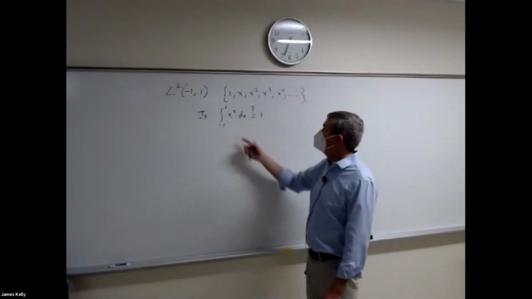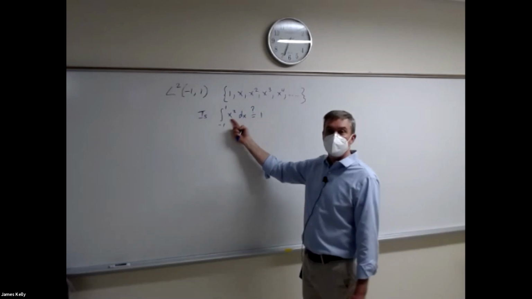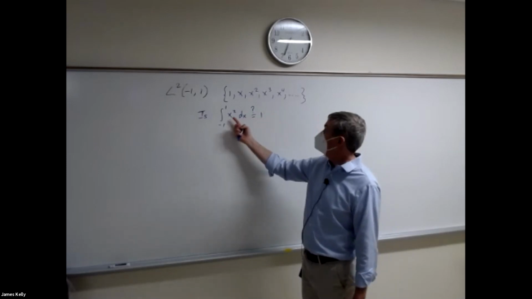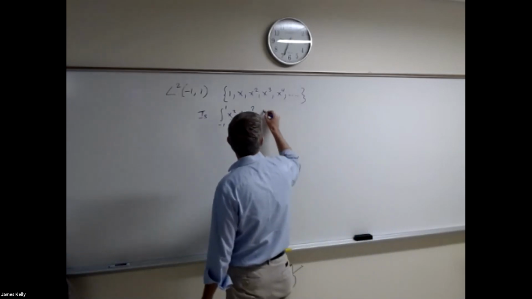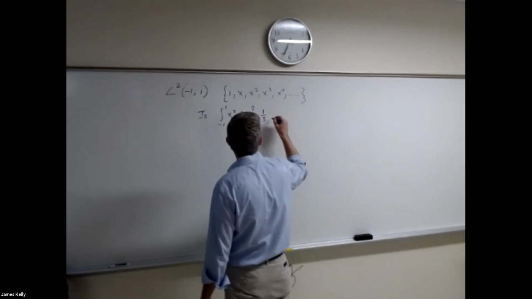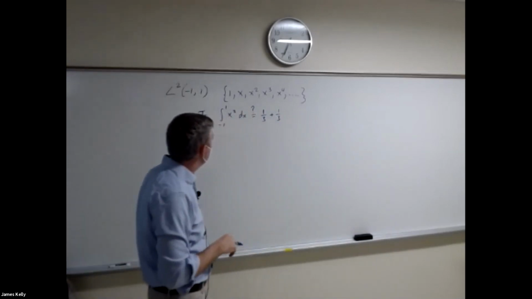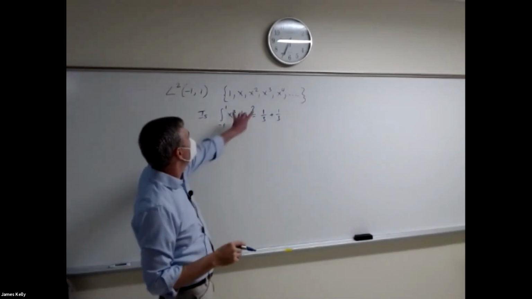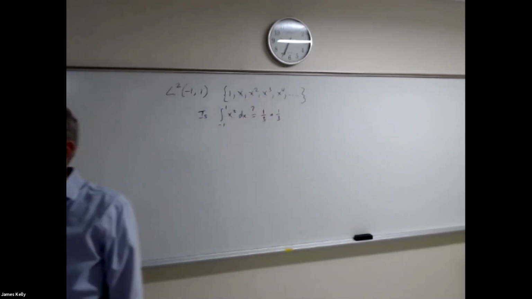Well, it seems kind of unlikely, right? For the function 1, we get x, so 1/2 plus 1/2, and this one actually is normalized. But for x, I get an x cubed over 3, so I would get 1/3 plus 1/3, which is 2/3. So it's not normalized. And you'll find out if you take an inner product between pairs of these, they're generally not orthogonal either.